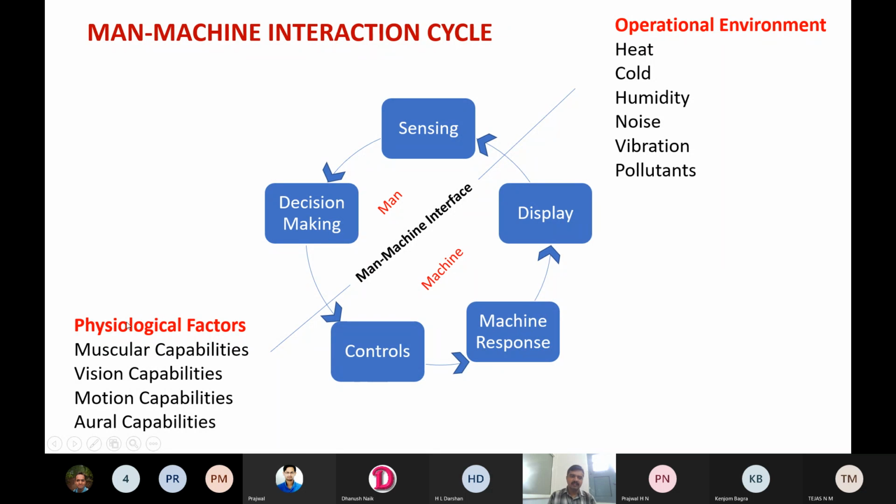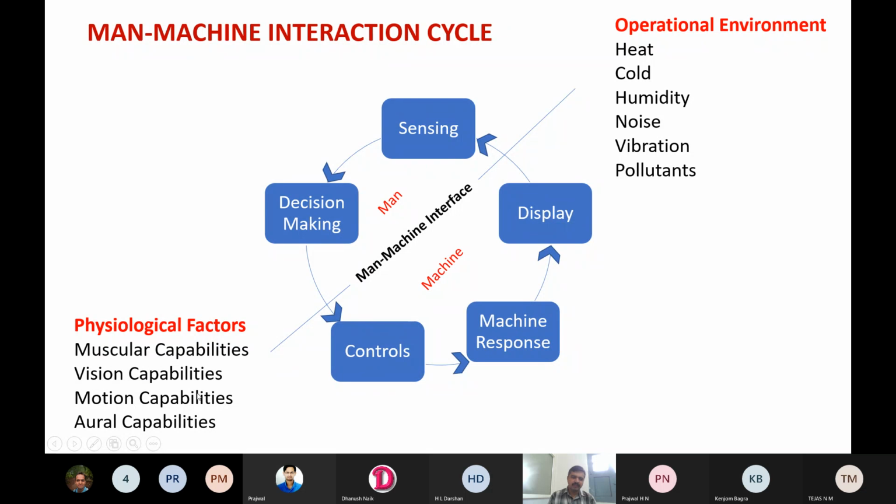Okay. Next, while designing any man-machine interaction or any HMI, you have to consider the capabilities of the operator, the capabilities of the human being. It may be muscular capabilities related to the strength of the human being, physical strength, then vision capabilities, then motion, movement capabilities of a human being, then aural capabilities, whether his ear is working properly or not, whether he is able to hear a sound or not.